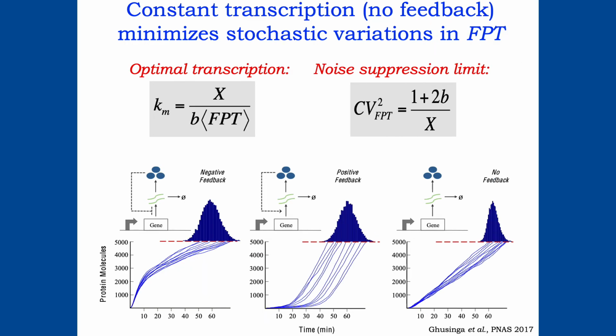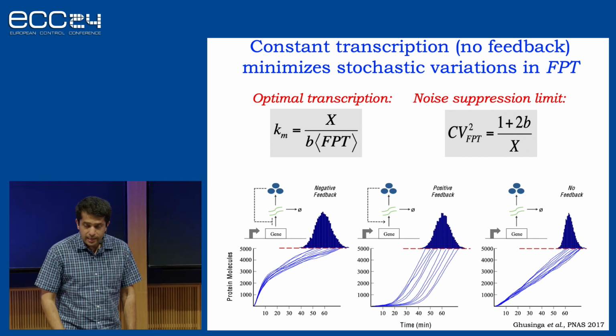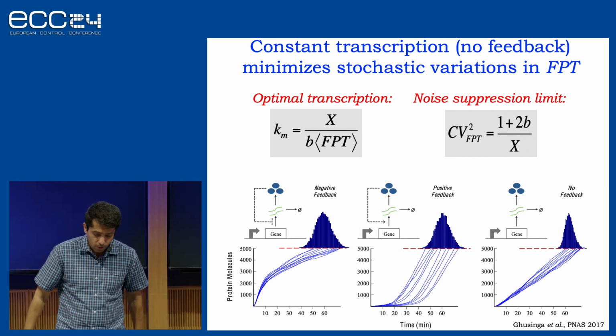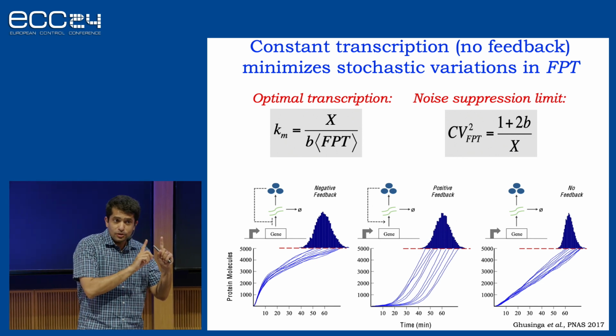Again, the mean time is fixed. That's the important constraint in the problem. And for an unstable protein, short half-life, positive feedback is the best feedback. This is for a stable protein, no feedback, and you need positive feedback for an unstable protein, for timing precision, not copy number, which is different.